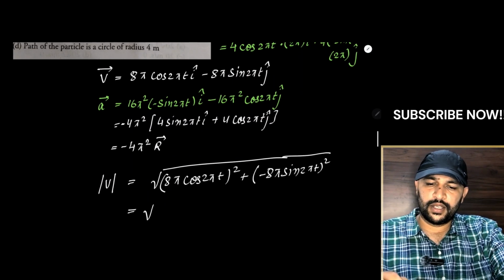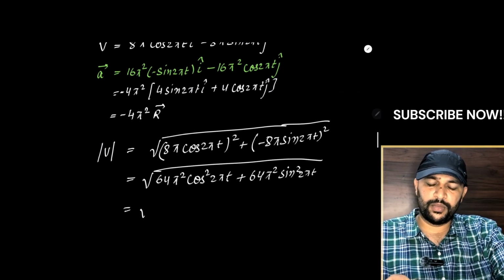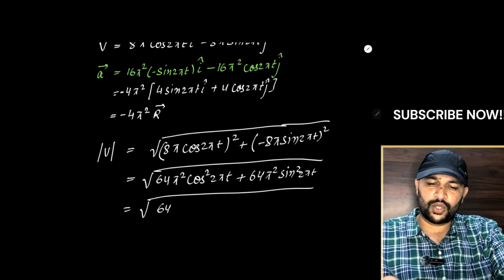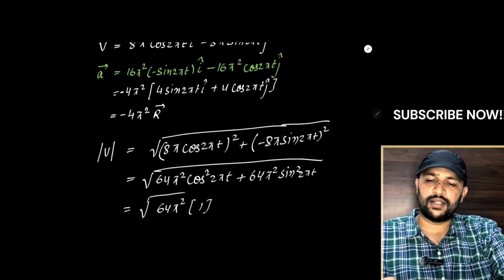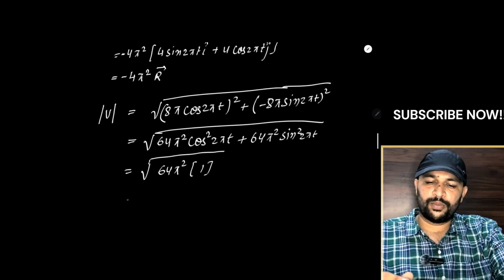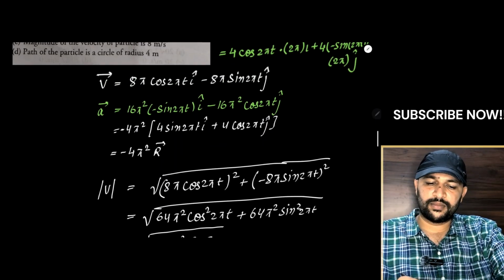So, this will give us under root 64 pi square cos square 2 pi t plus 64 pi square sin square 2 pi t. Now, when you take 64 pi square common, cos square 2 pi t plus sin square 2 pi t is 1, from 10th standard. So, that will give you 8 pi, that is our velocity, right. This is the magnitude of v.